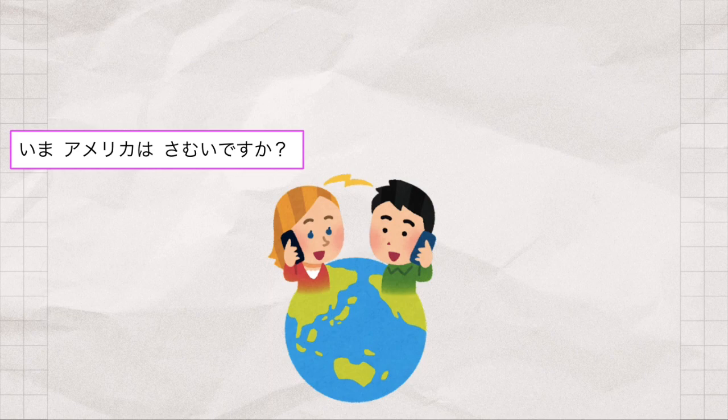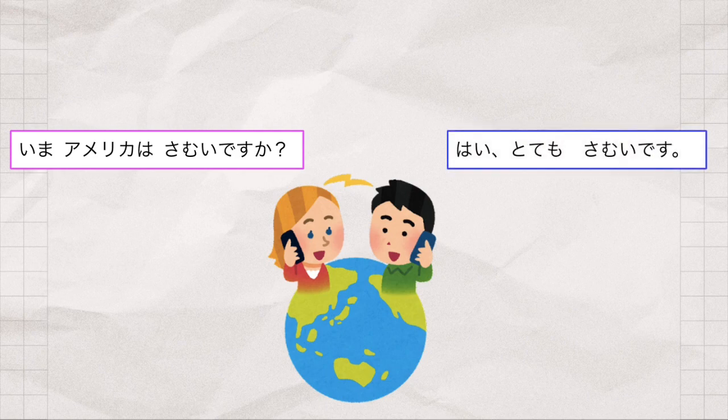And then the man, who's in America, answers, yes, it's very cold. はい、とても寒いです. So at first glance, they look around the same age. However, they're talking in formal form because the woman says ですか and the man says です. So she's asking questions in formal form and he's answering in formal form.